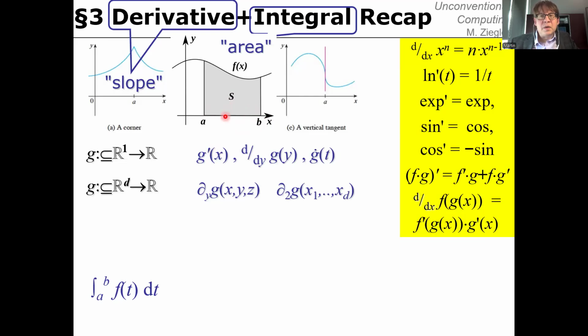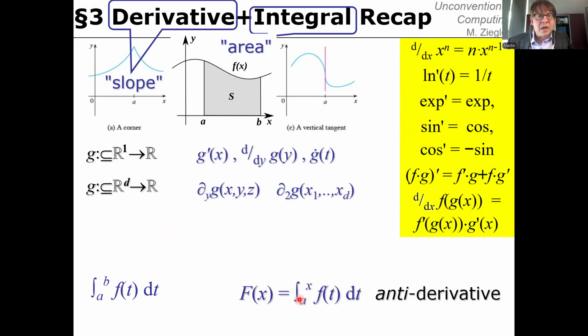And the fundamental theorem of calculus says that this area can be calculated by finding the antiderivative of small f. So the opposite of taking the derivative, the antiderivative, that's basically integration, which, if you think about it, is very surprising, right?